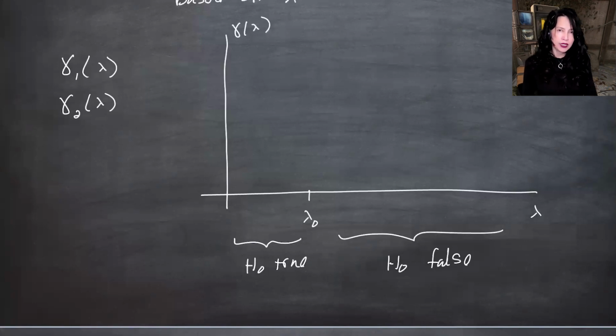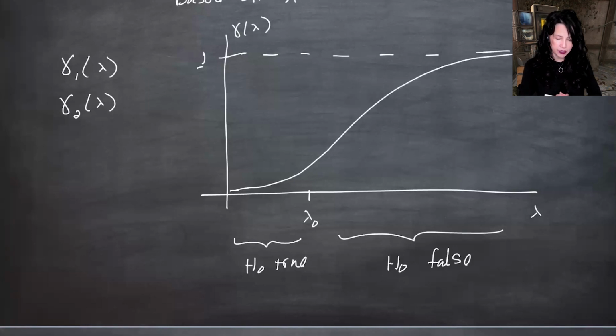It's the probability we reject the null hypothesis. We don't want to reject it when the null hypothesis is true. So we want both functions to be very small over here and very large, as close to 1 as we can get, over here. So a power function might look like this.